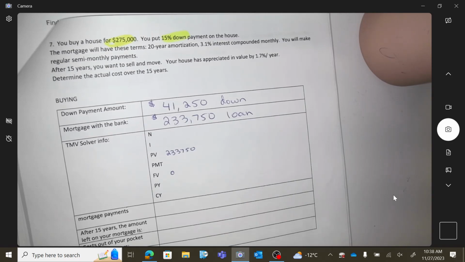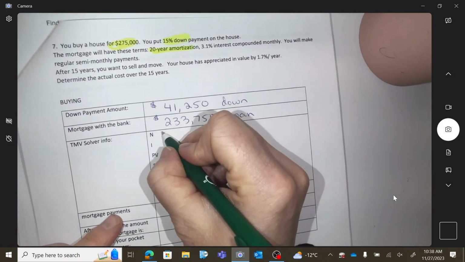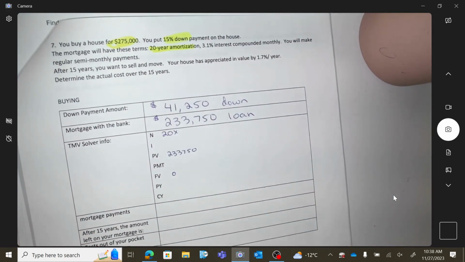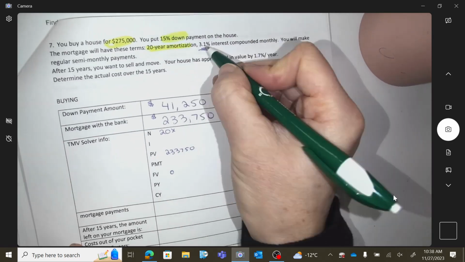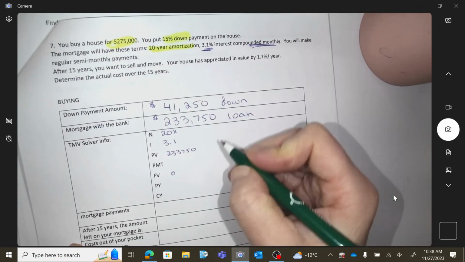Okay, here we go. We're going to do a 20-year amortization. So that's 20 years times, just leave that, 20 years times. We have a 3.1 compounded monthly.